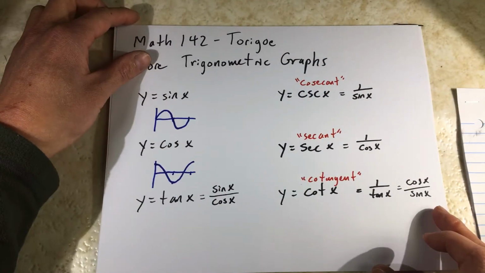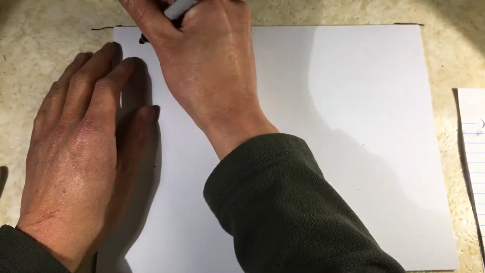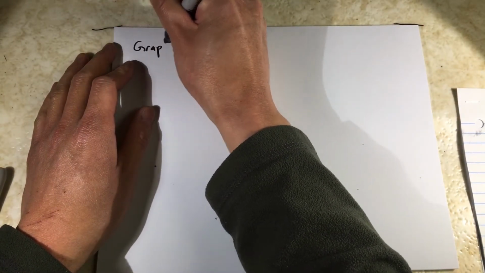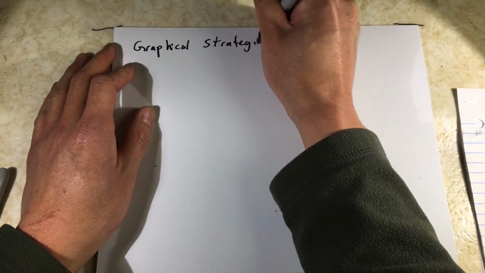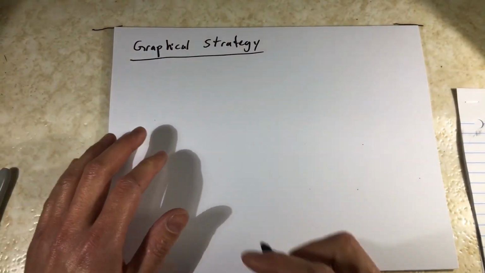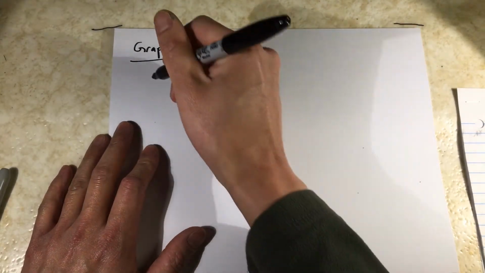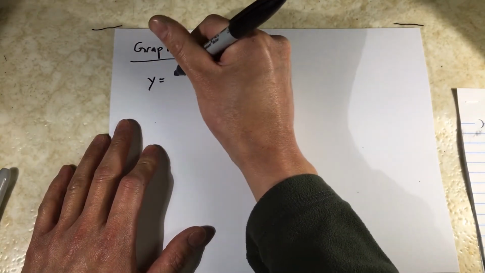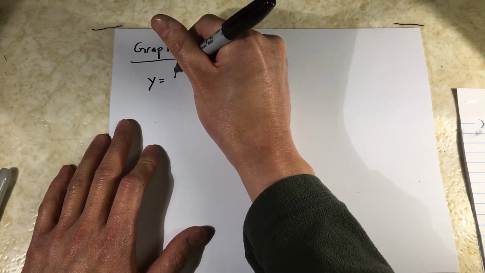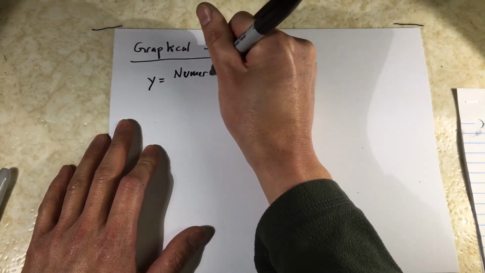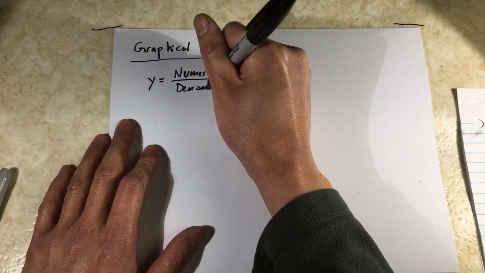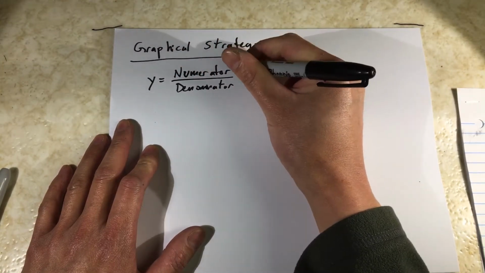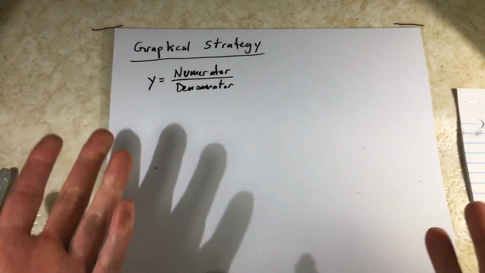Okay, so I want to go over first our general strategy for this. All of these functions can be written as a rational expression, a numerator over a denominator, whether it's sine x over cosine x or 1 over sine x or whatever.